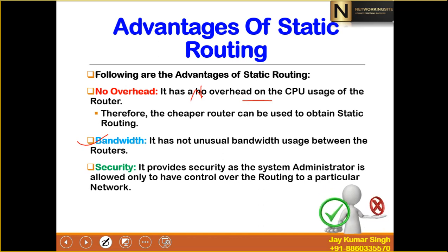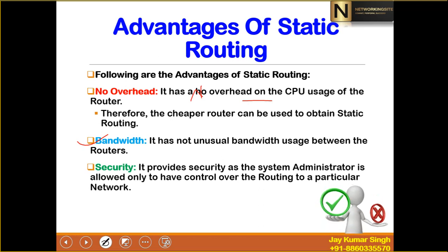So some internal routing messages are also exchanged between neighbors in dynamic routing protocols, and those messages utilize bandwidth. But in static routing there is no kind of message exchange.